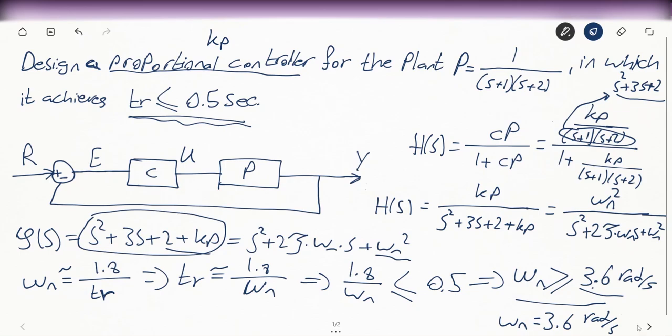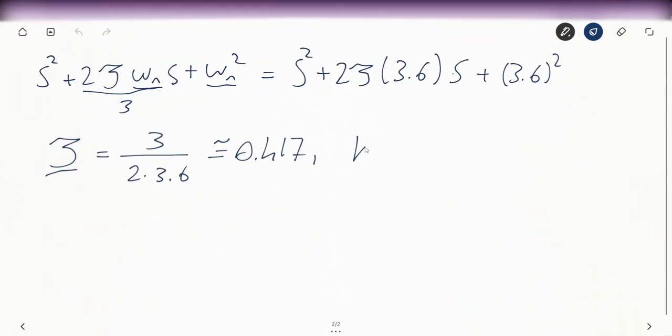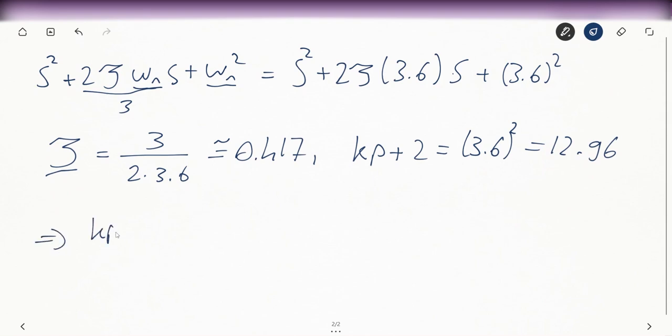So KP plus 2 should be equal to 3.6 squared, which is equal to 12.96 from my calculator. So KP is equal to 10.96. Now we have found everything in our system.